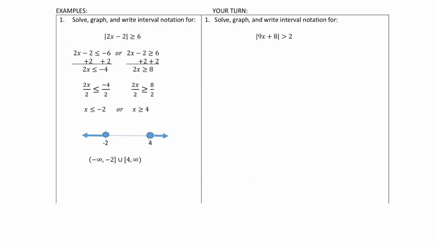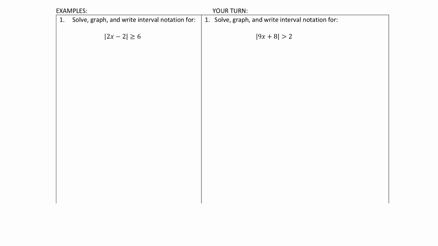Okay, so here we go. I'm going to cover what they have done and do it with you before you do the one that says your turn. Okay, so looking at the two of these, absolute value with something in it greater than or equal to 6, absolute value with something in it greater than 2.